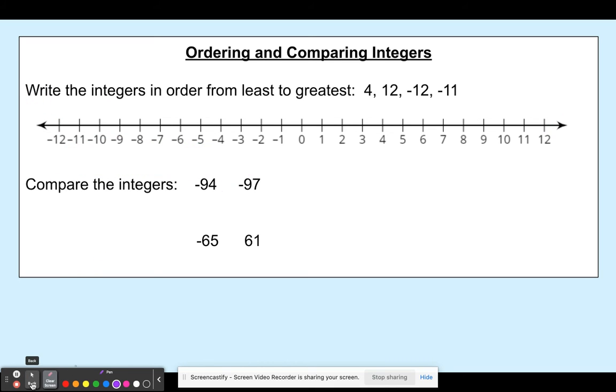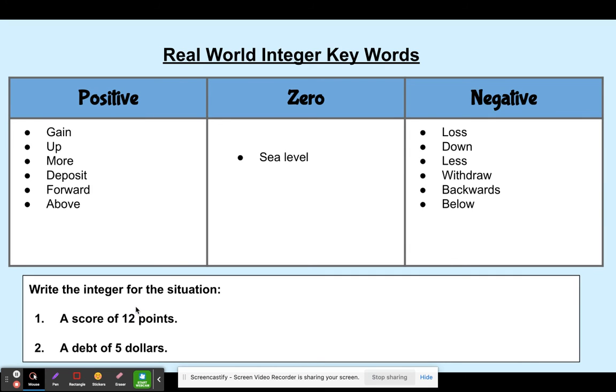Let's see what else we have to know for this topic. The last thing you have to know is real world integer keywords. And I want you to take a second and look at this table up here. Words for positive are things like gain, going up, getting more, depositing money in your checking account. When you deposit money, you're adding money to it.